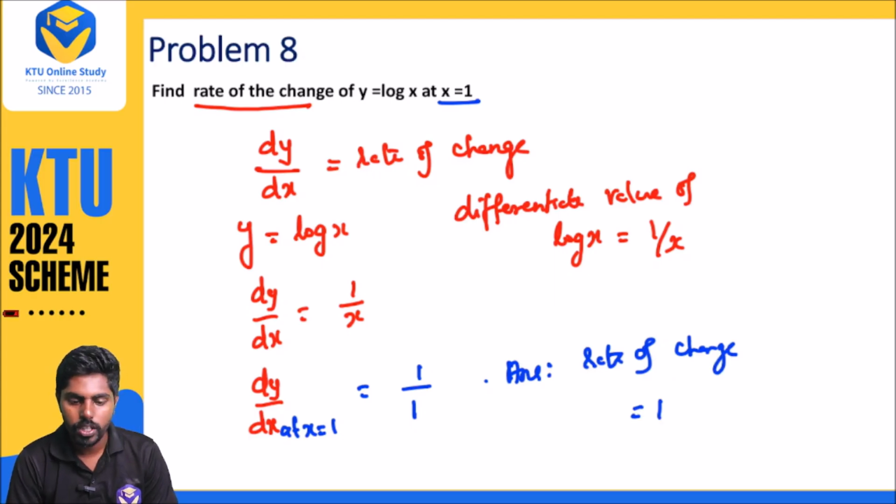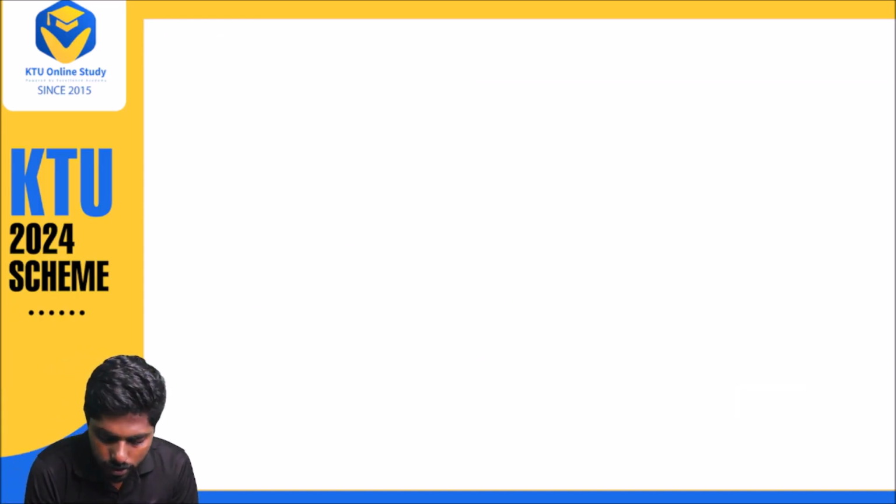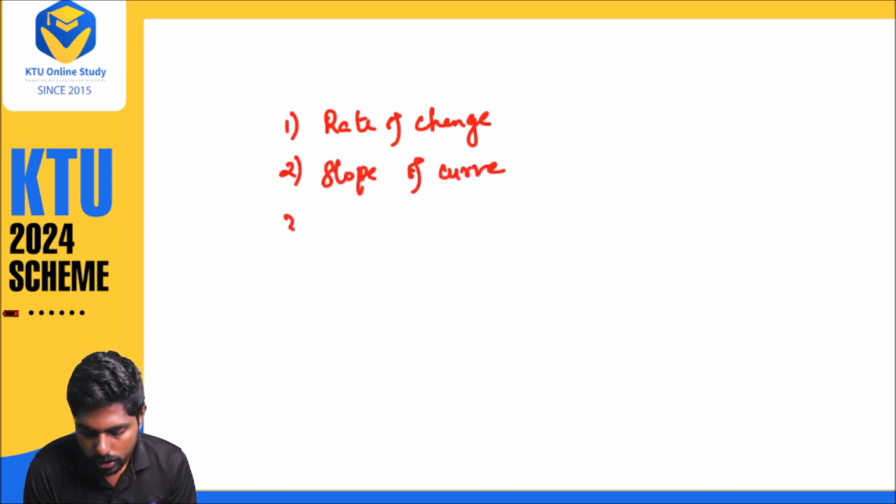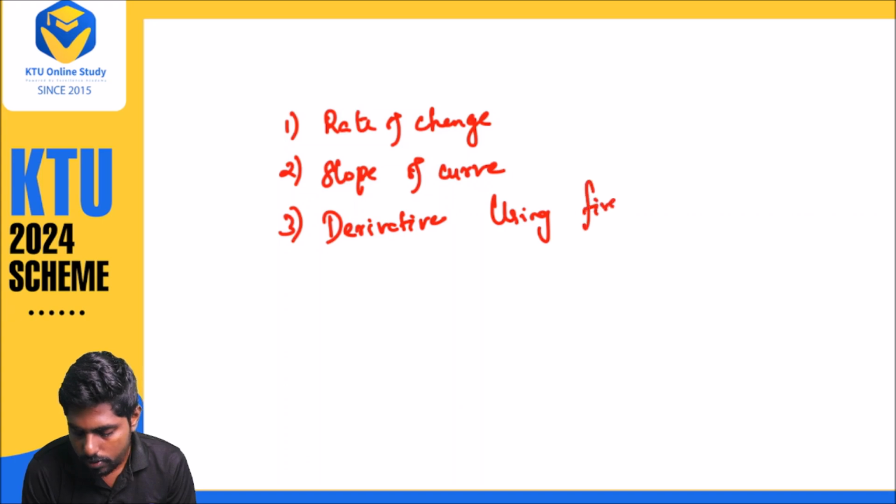So we will go to the next problem. We will be moving to the new topics. What are the topics we have learned till now? First, we have learned about rate of change. Second is slope of a curve. Third is derivatives using first principle.